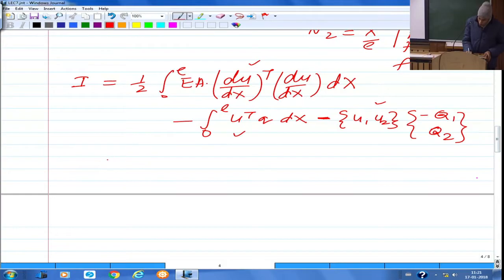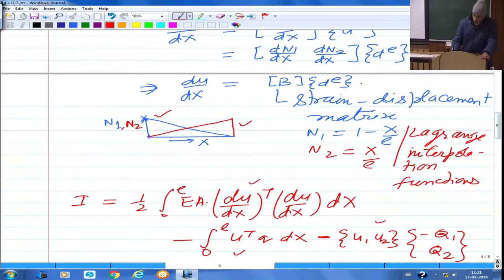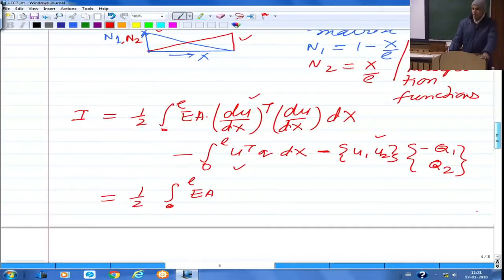Now we substitute whatever we have got. So now you see what we get is integral 0 to L EA. Now du by dx is B into de. I am going to now use notations, so du by dx I have written as B into de. So what would be du by dx transpose?